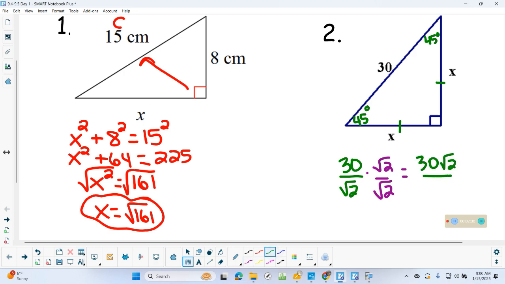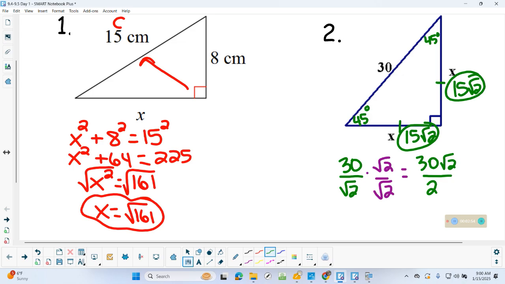You guys are great at the denominator. I saw a lot of people skipped writing square root of 4. I would too, because what's the square root of 4? Let's just make our lives easy. Is there anything else you could reduce on this? 30 and 2. So 30 over 2, I'm going to make it 15 square roots of 2 for my sides. So that's just kind of a little twist on a 45, 45, 90, just in disguise.